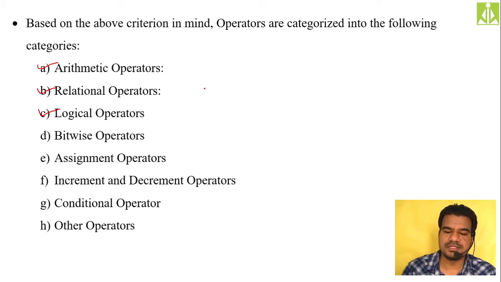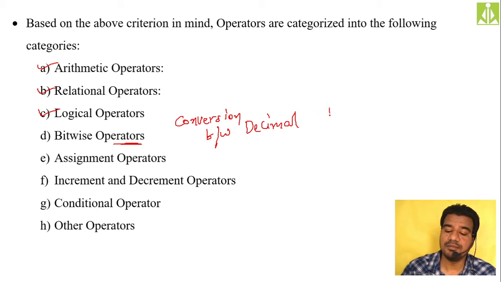And then we discussed the important concept which is required before the discussion of these bitwise operators, that is the conversion between decimal and binary. That is how we can convert a given number from decimal to binary, and how we do from binary to decimal conversion. This thing we have seen.